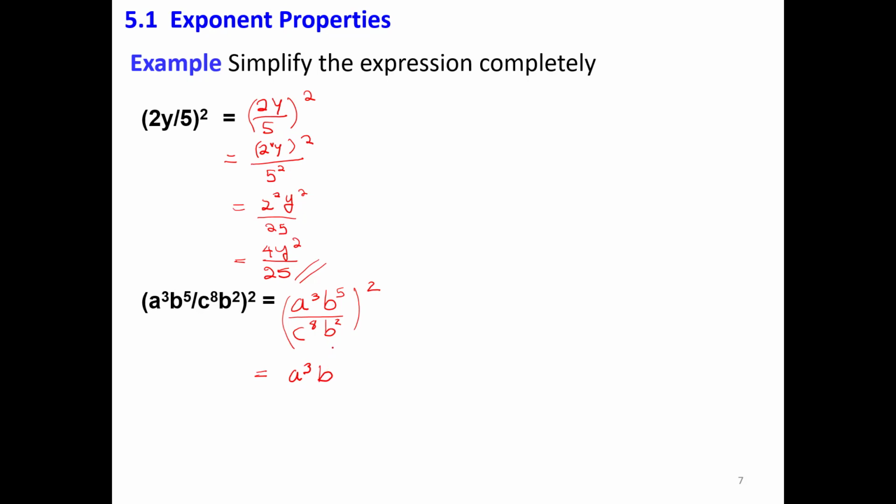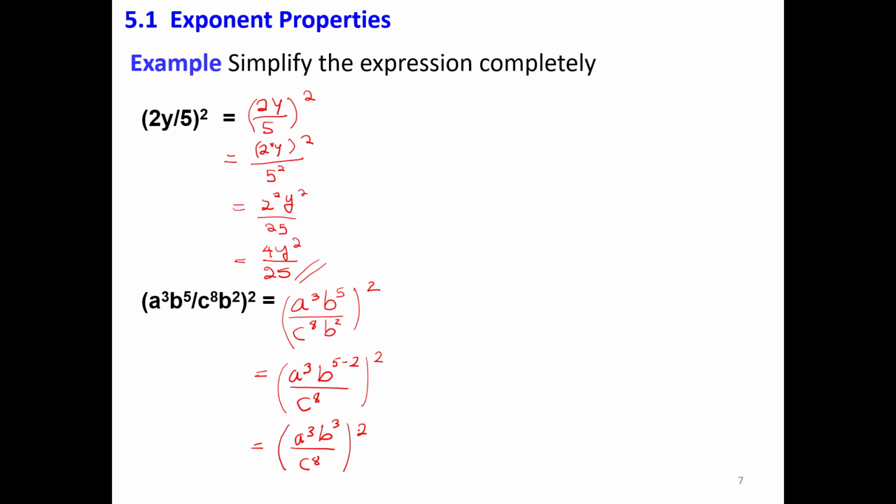Because we had a quotient, we know we need to subtract the exponents. It's y minus 2, 8. Yes, it's the same base, subtract the exponents, we had y minus 2. And a to the third, 5 minus 2 is 3. And we had to be careful, yes, with this one.